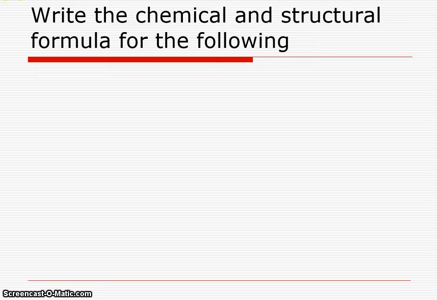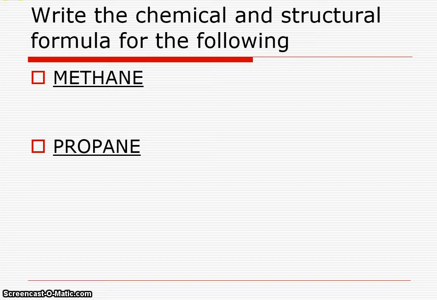So write the chemical and structural formula for the following. Methane. So methane was our one with 1 carbon, so it's just going to be CH4. My structural formula will be C with 4 H's bonded to it.